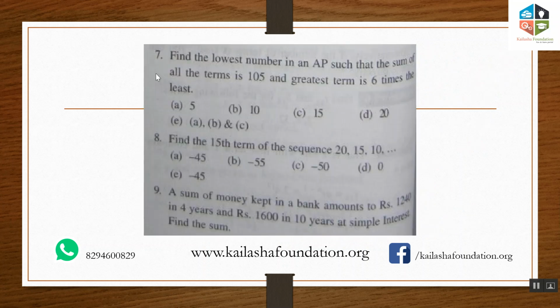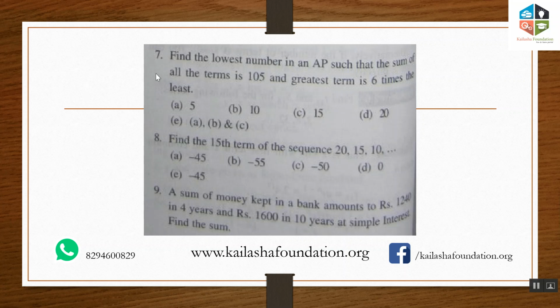Now question number 7: find the lowest number of terms in an AP such that the sum of all the terms is 105 and the greatest term is 6 times the least.